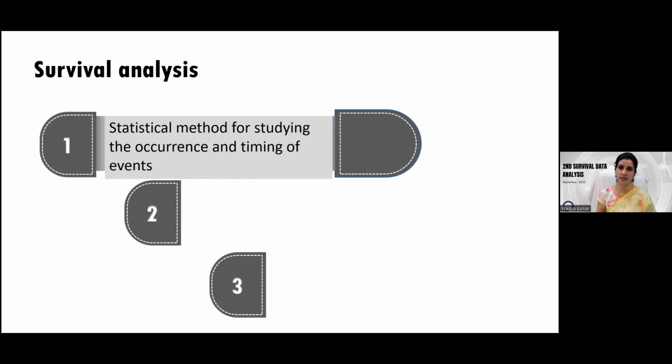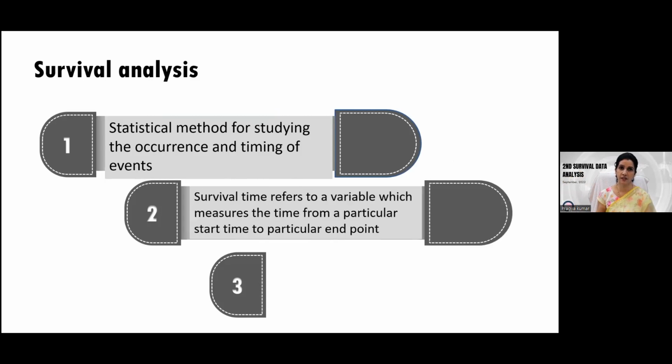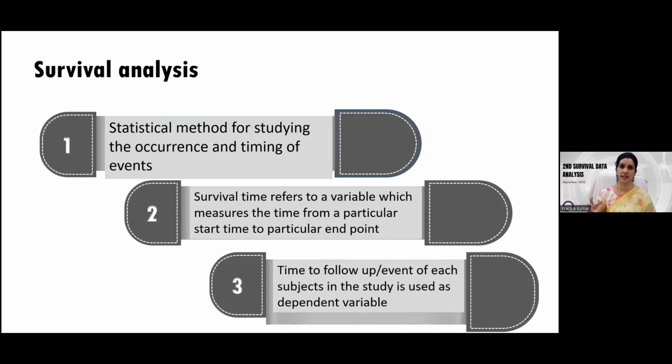It is a statistical method for studying the occurrence and timing of events. Survival time refers to a variable which measures the time from a particular start time to a particular endpoint. And the time of follow-up for subjects we have recruited is used as a dependent variable. So this is the time to follow-up or time to event.